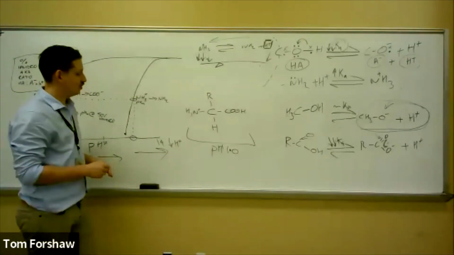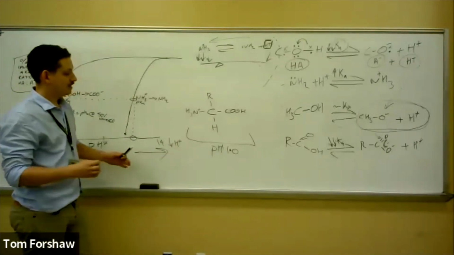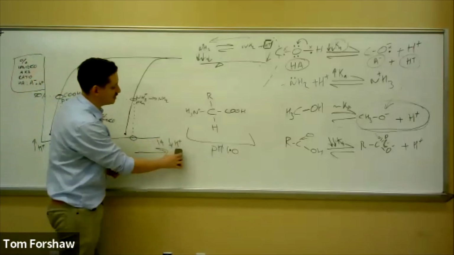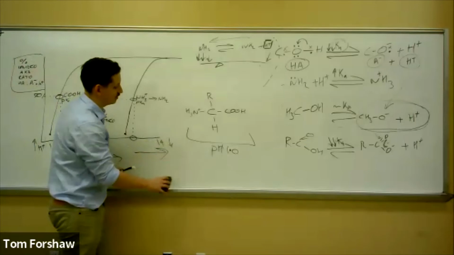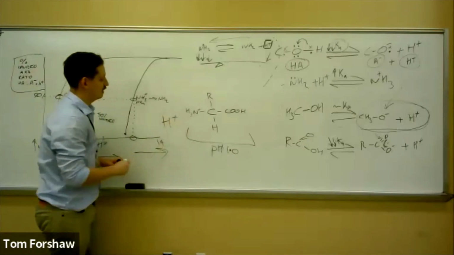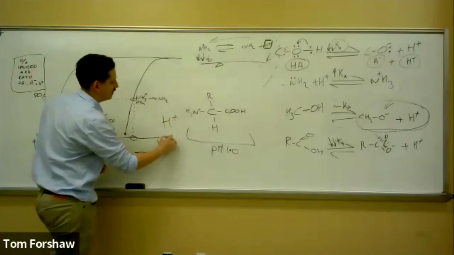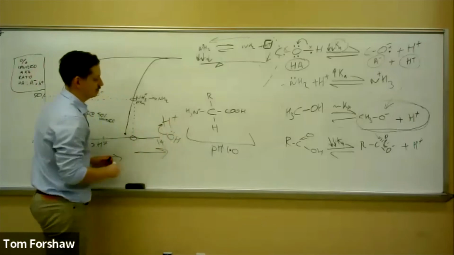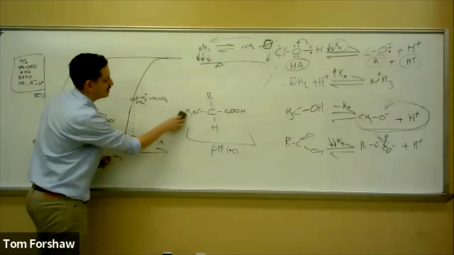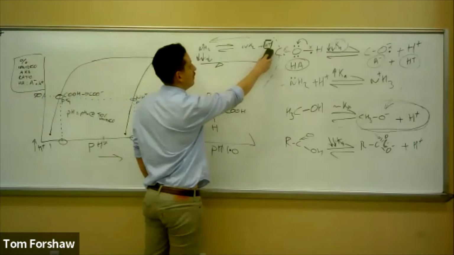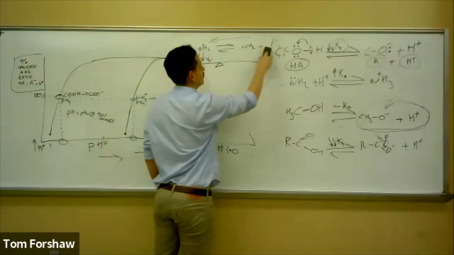So if we were to introduce base, what you're doing is eating up these hydrogen ions. You're just eating them up. You add in, for instance, base, and you're going to be eating them up. And so if you introduce base, then you're eating up the hydrogen on this side.